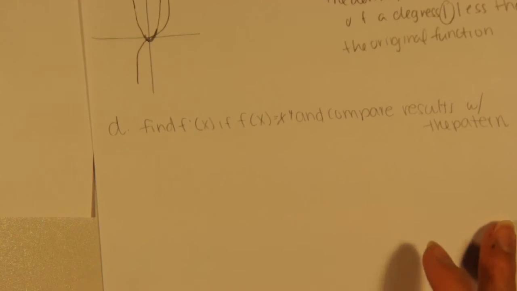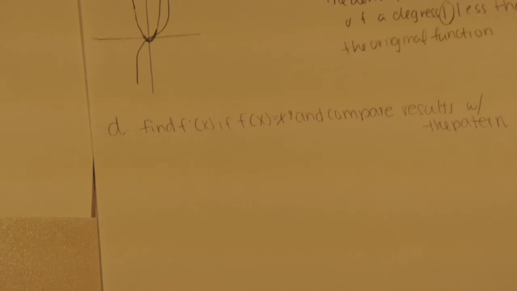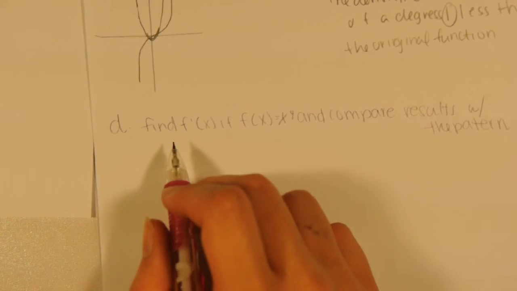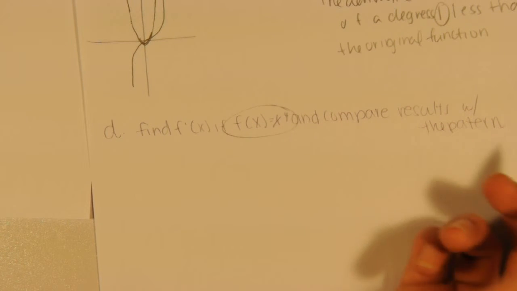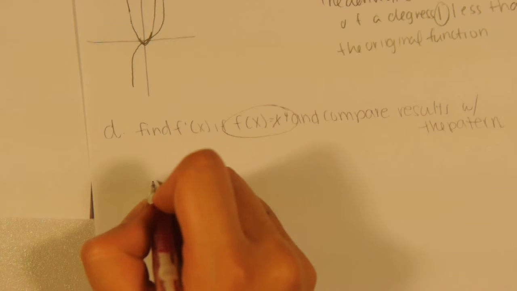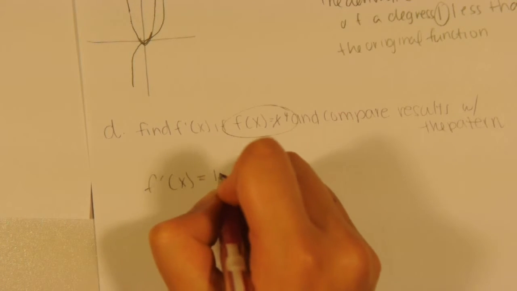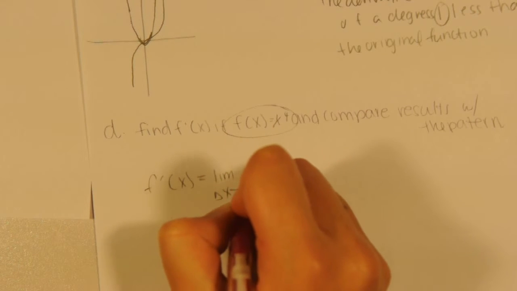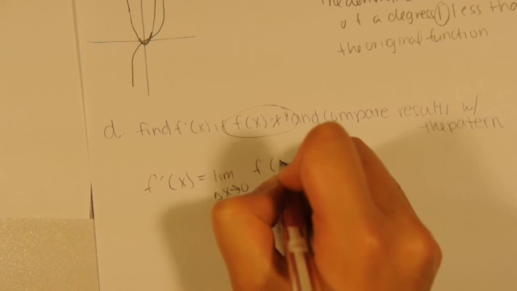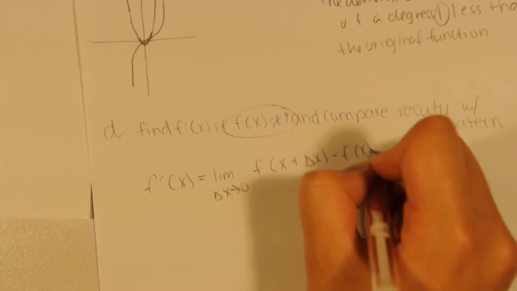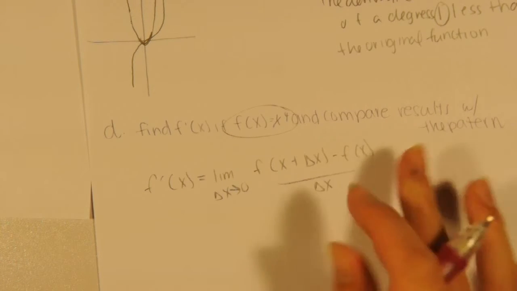And lastly, it asks you to find the limit, the f prime of this function. So f prime of x is equal to the limit as delta x goes to 0 of f of x plus delta x minus f of x over delta x.